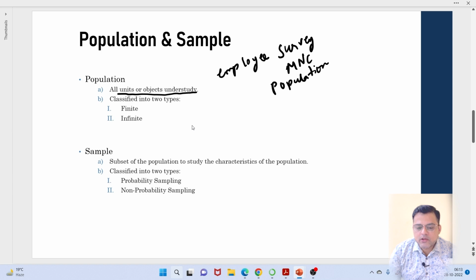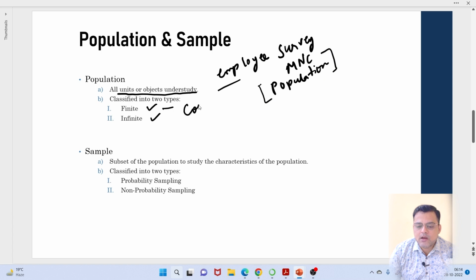And there are two kinds of population, one is finite and one is infinite. Infinite is something which is very large, where it is difficult to capture each and every item of the population. Finite is something, in this same example, if you are doing an employee survey of an MNC company, then all the employees of the MNC offices will be your population, that is finite.